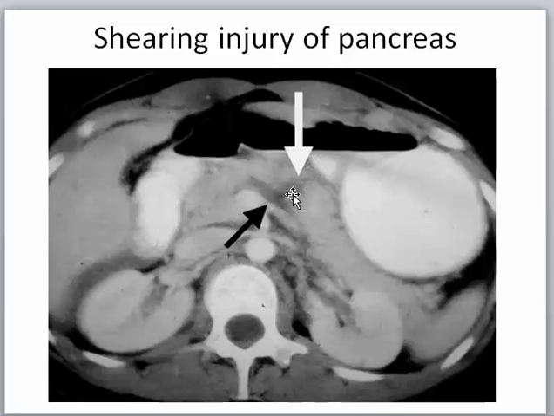This is again post-traumatic. Of course, trauma of the pancreas involving the pancreatic duct should be repaired, but trauma of the pancreas without involving the pancreatic duct is usually treated conservatively.